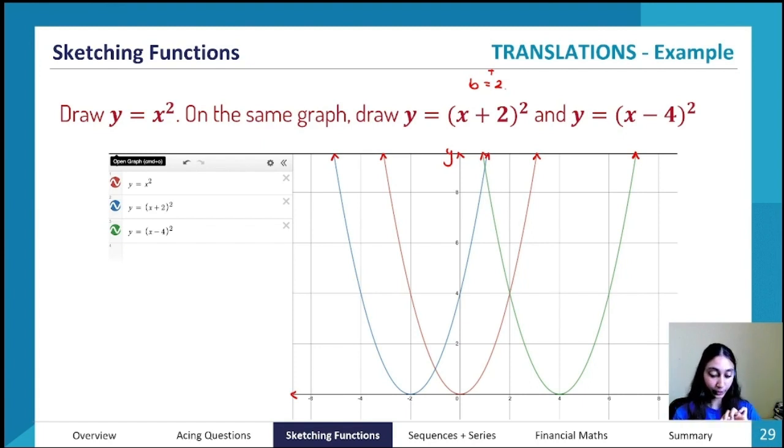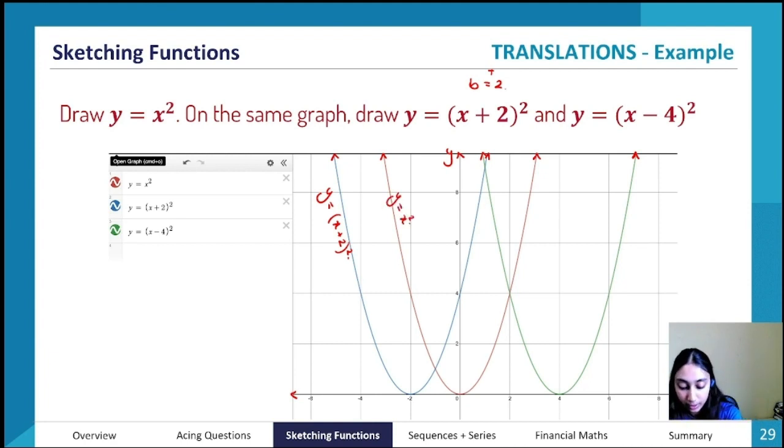So if we're going left and we're going two places, our intercept will be x is equal to negative 2. So this blue curve is y is equal to (x plus 2) all squared. Our red is our original y is equal to x squared.